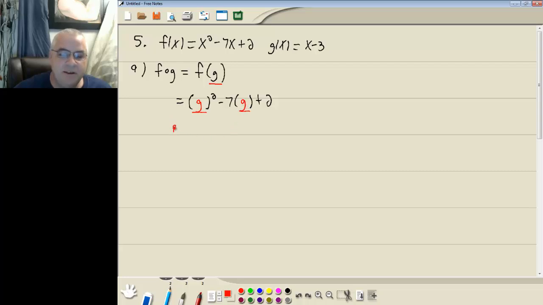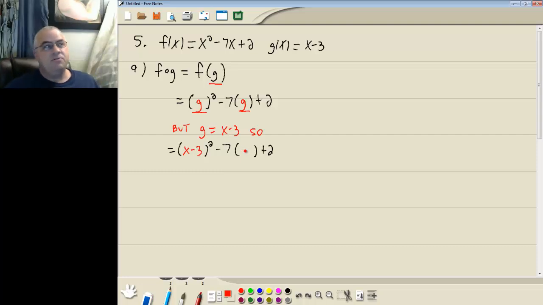But g is equal to x minus 3, so this is going to become x minus 3 squared minus 7 times x minus 3 plus 2. So we'll replace the g with x minus 3.